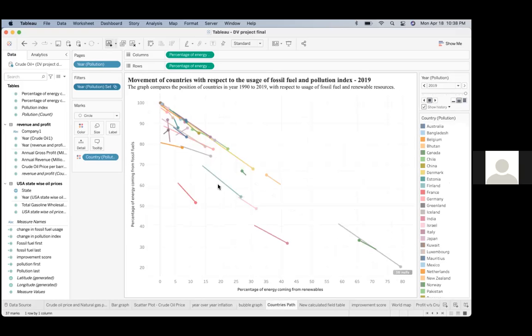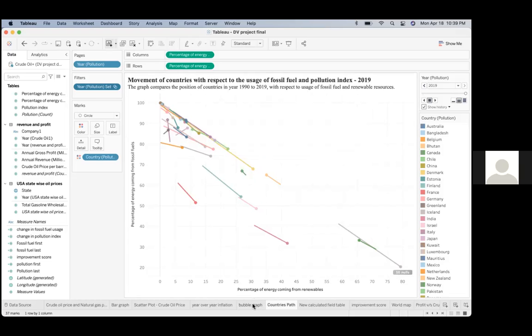Now we wanted to check how the countries have moved in different directions and how much improvement they have made. So for this, we created this chart where we can see different countries moving in different directions. For example, Denmark has made quite a lot of improvement, and so did the country Finland. But we can also see some countries going in the opposite direction, which shows that they are increasing the usage of fossil fuel, and hence in turn their pollution index is increasing.